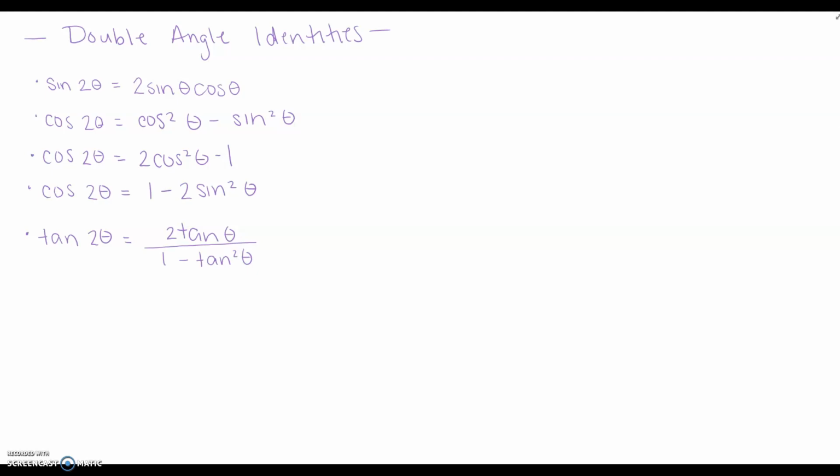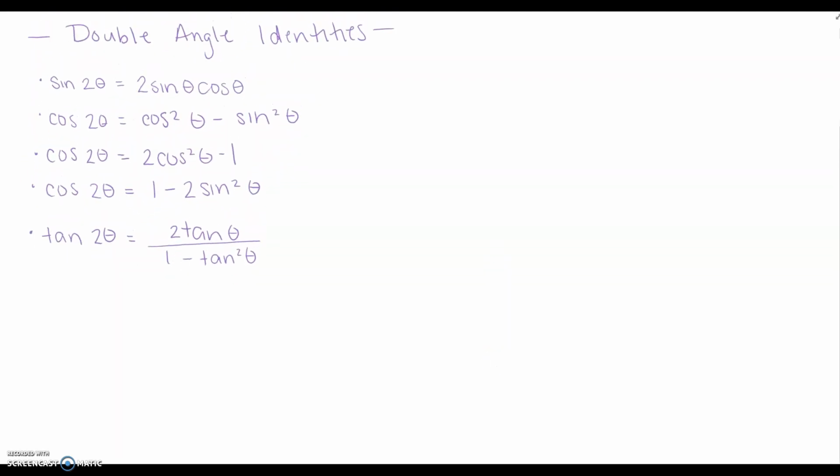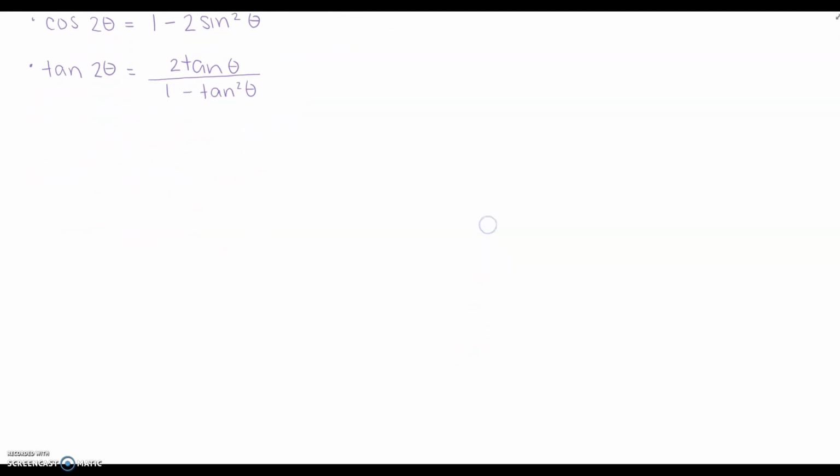So you could pause the video and write all of those now on a note card so that you have them all in front of you, or you could do that later. Basically, for solving an equation, it's very similar to what we've done in the past. We want to write, or rewrite, the problem in terms of one trigonometric function.